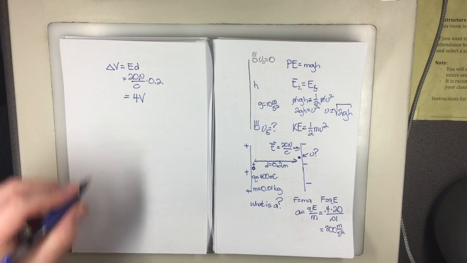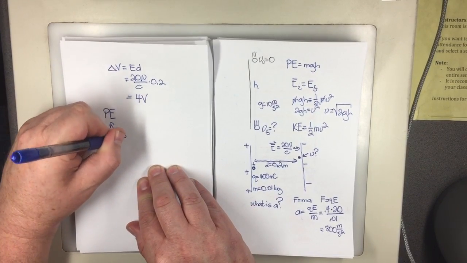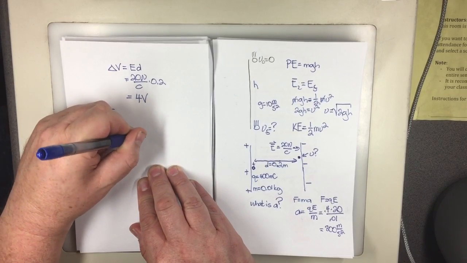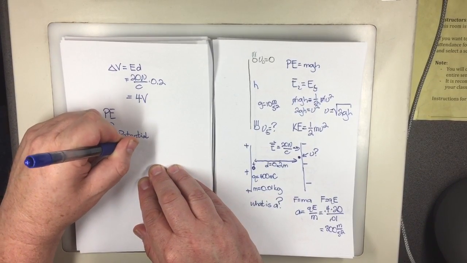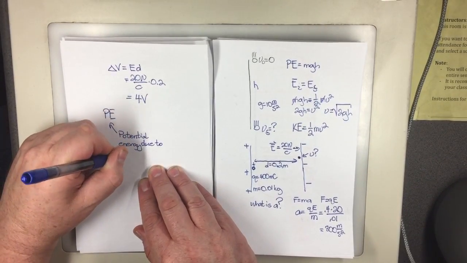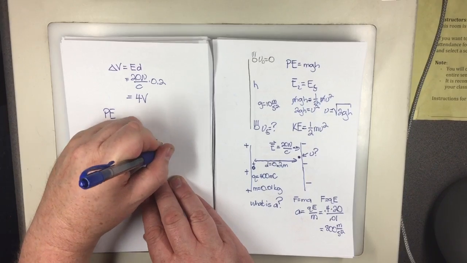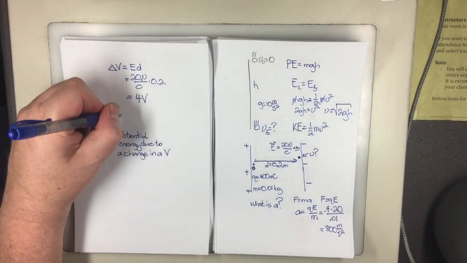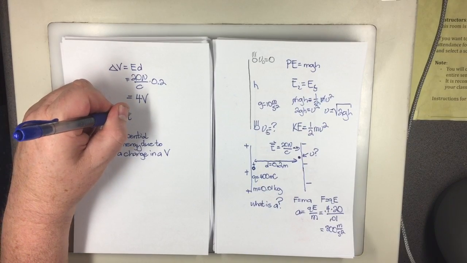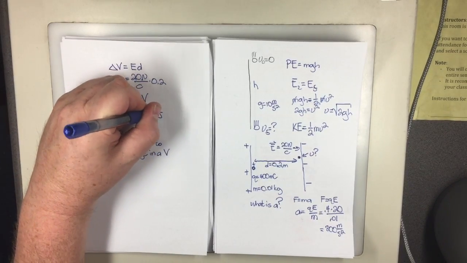The potential energy due to a charge in a potential field is equal to Q delta V. So if we just take the charge and multiply it by its potential difference, we have the potential energy, which is in joules.